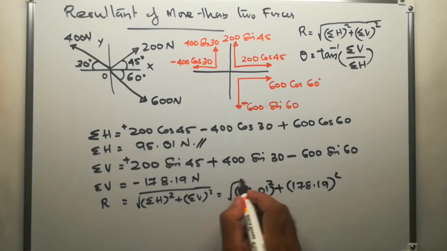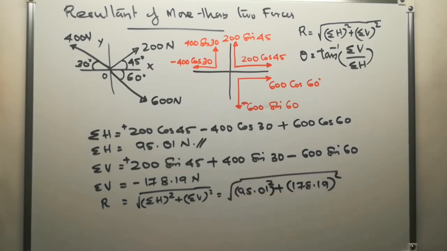We need not bother about the minus sign of 178 because when it is squared it will be cancelled off. So the magnitude of the resultant force R, when you calculate this, is R equal to 201.94 Newton. This is the magnitude of the resultant of these three forces, 200, 400 and 600.